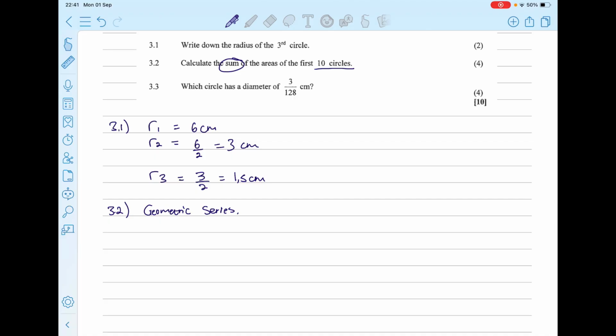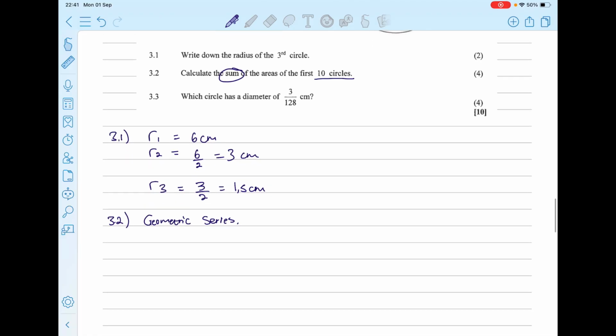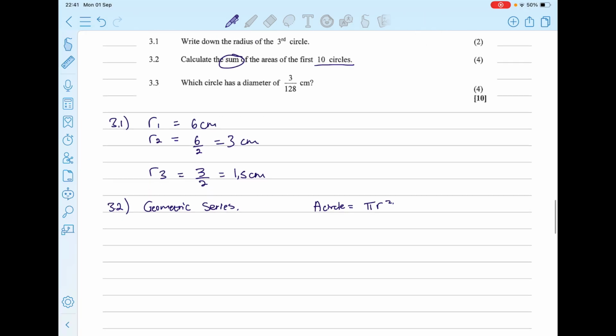The area of one circle will be pi r squared, right? So for us to create the sequence of the circles, we'll just replace r with the actual radius. The first one would be pi, and then r was 6 squared. The second one will be pi 3 squared.